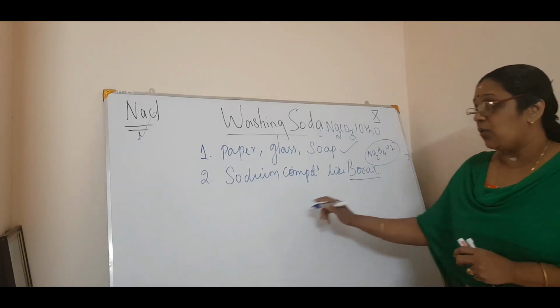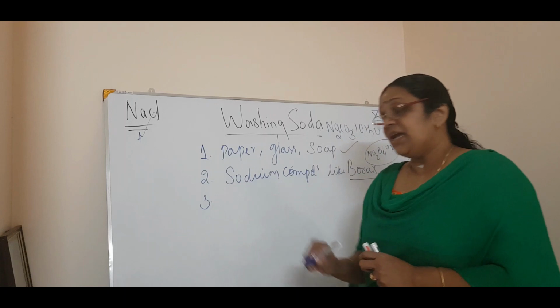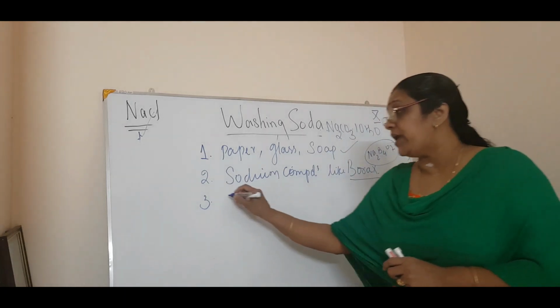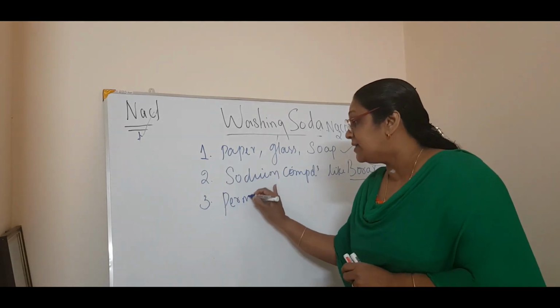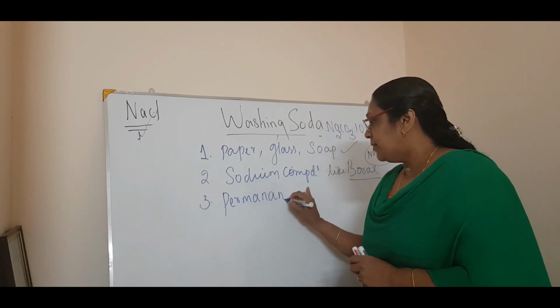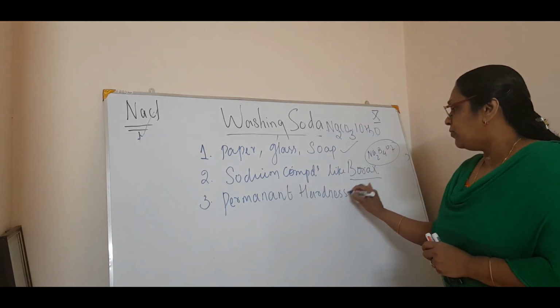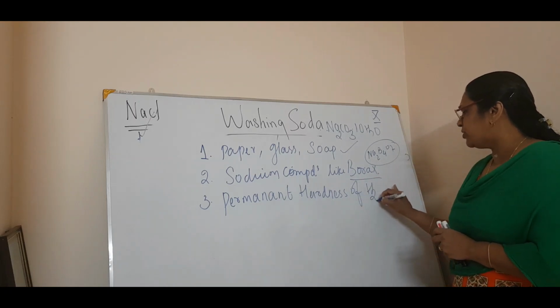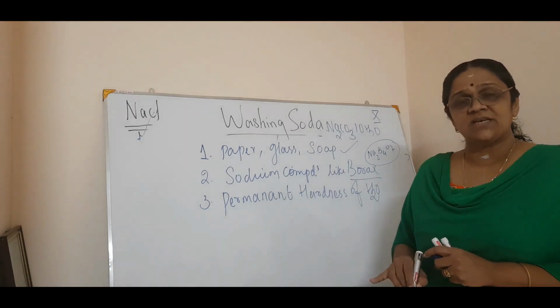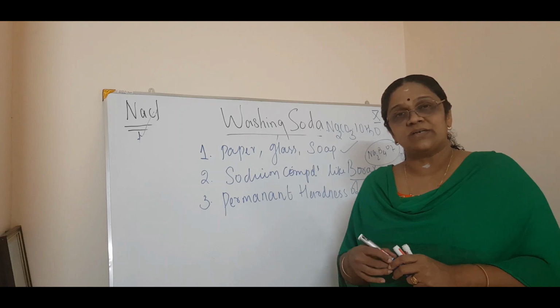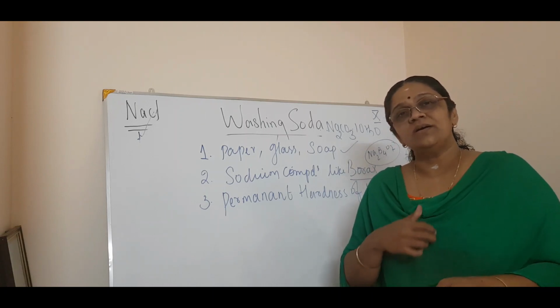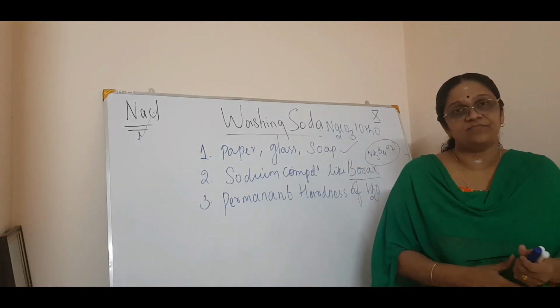Okay. Now, the third is, it is used in removing the permanent hardness of water. What do you mean by permanent hardness of water? You know water is of two types, soft water and hard water. What is soft water? The water we are getting here.